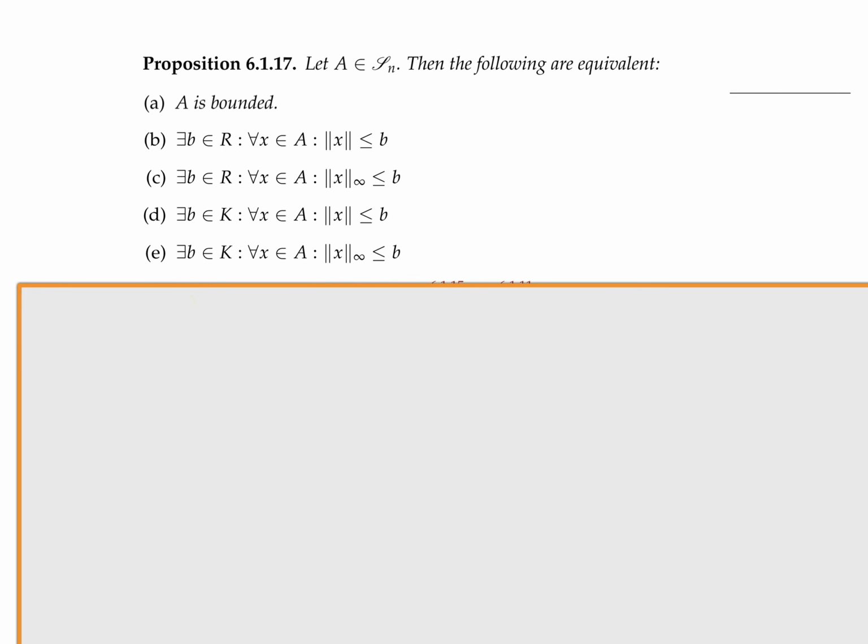And now in the case of a K-semi-algebraic set, I can actually also assume this bound to be from K. That's interesting, right? All the other things are, I think, quite easy, but the main point is here that I can also write B in K here.